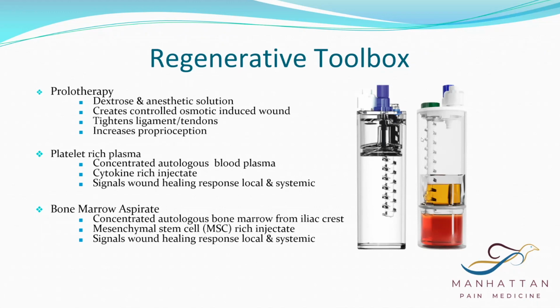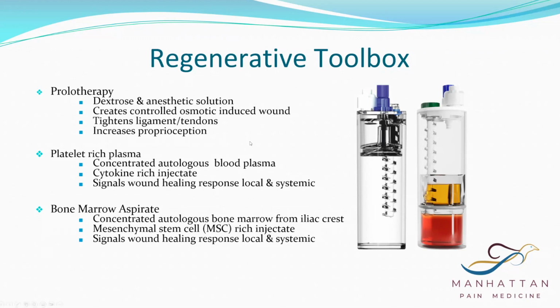It's a bit more inflammatory, but it's the good inflammation where the body sees that there's a small wound in this area, and it responds with the local and systemic response in order to lay down new collagen as well as proliferate the fibroblasts and other local connective tissues.